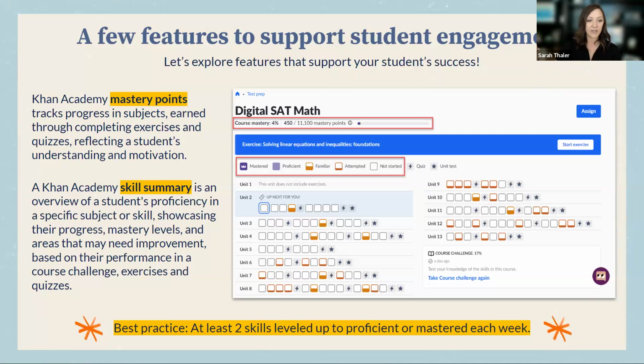And you can see within the colors, there are some there that are orange, and we want to move them to the purple. We want those to move to proficiency. So this helps students understand, okay, maybe I'm at a familiar one, just the half orange square. That's one I'm going to focus on to try to get up to proficiency. So it just gives a good sense, a good visual for students on where they should work on.